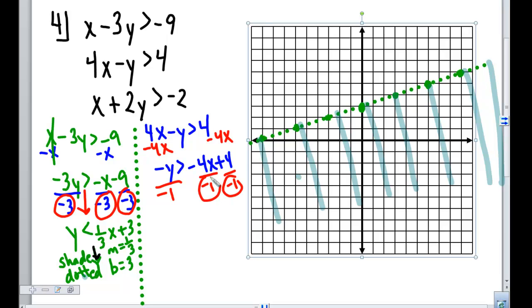And because we are dividing by negative 1, we turn the inequality sign the other direction. So y is less than 4x minus 4. Since this is less than, we shade down.